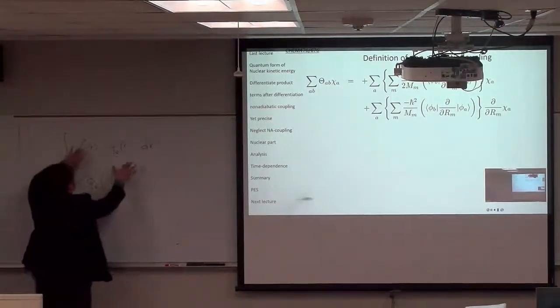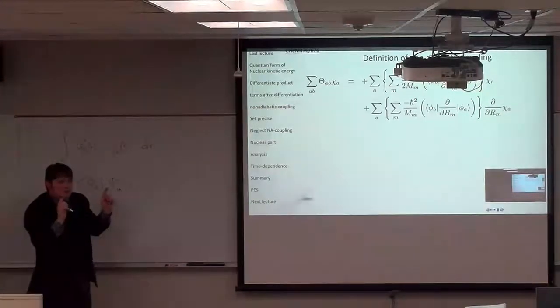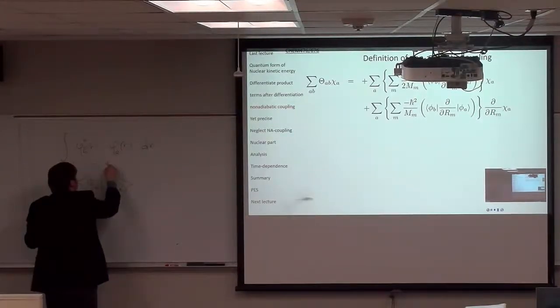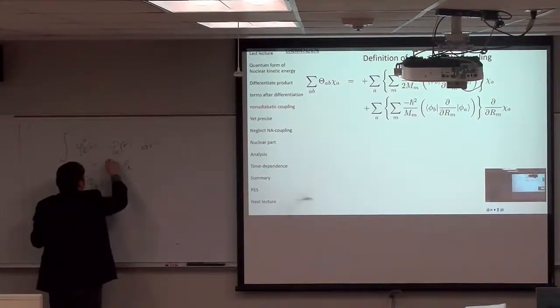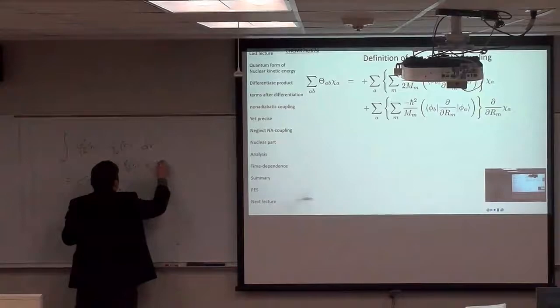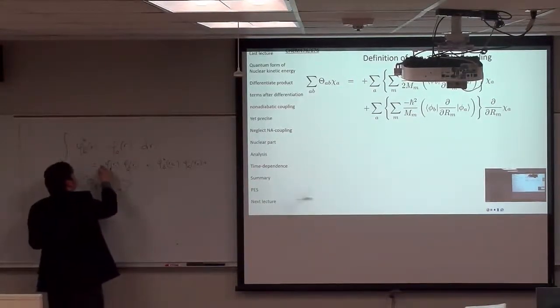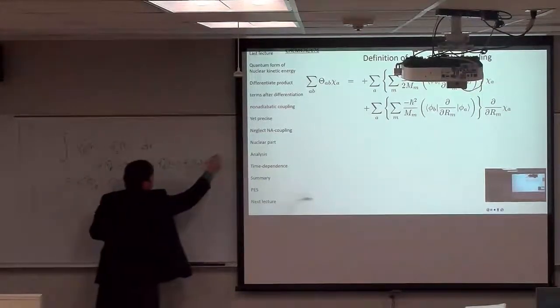So when you numerically do this operation, it means you take the value of this function at point r1, at point r2, point r3, and phi a at r1 times phi b at r1, plus phi a at r2 times phi b at r2, so a lot of terms, and we put delta r out of brackets, right?